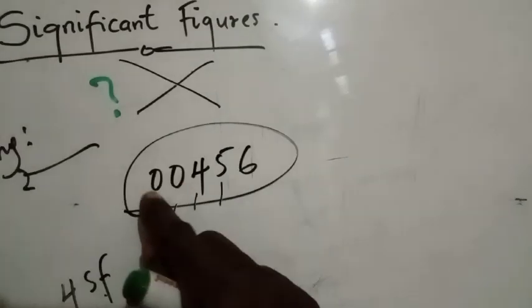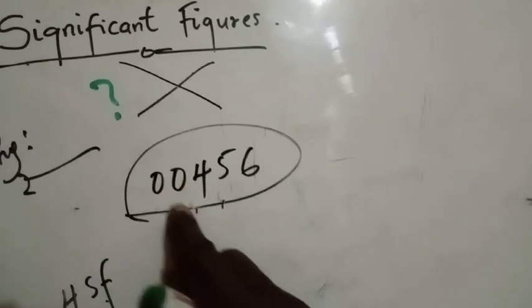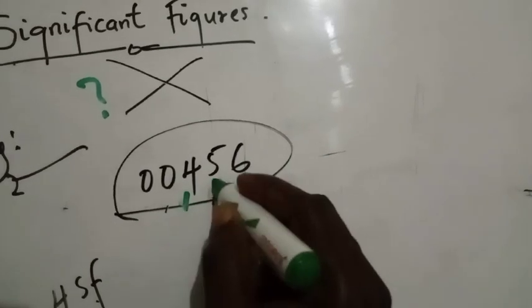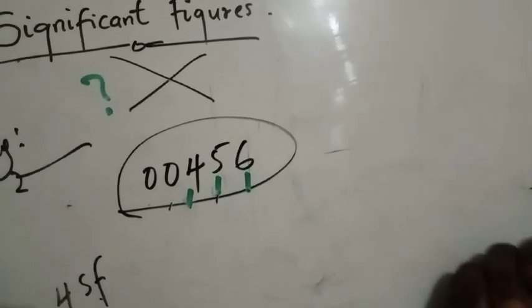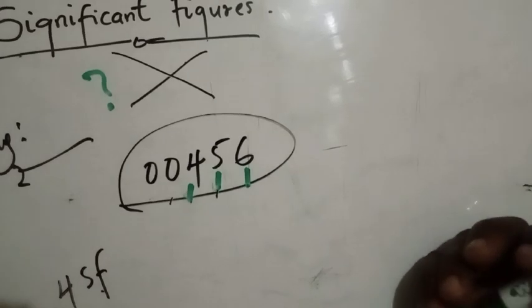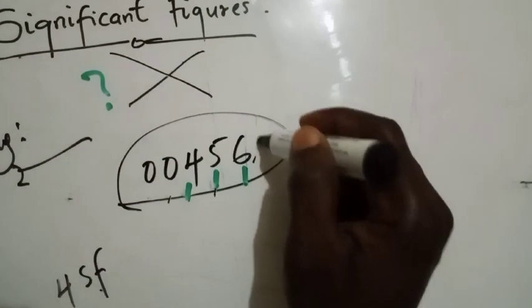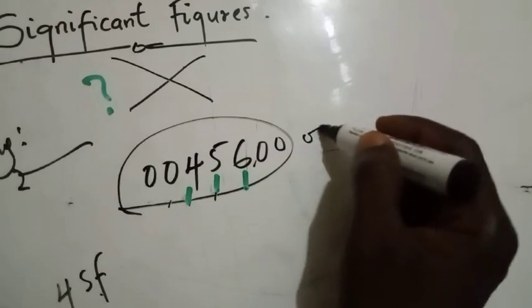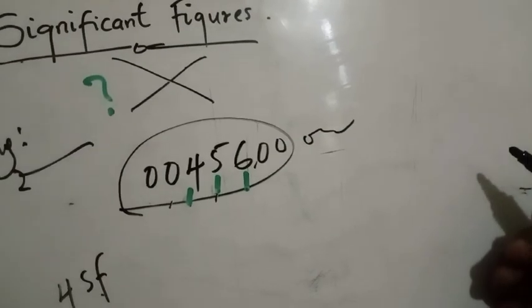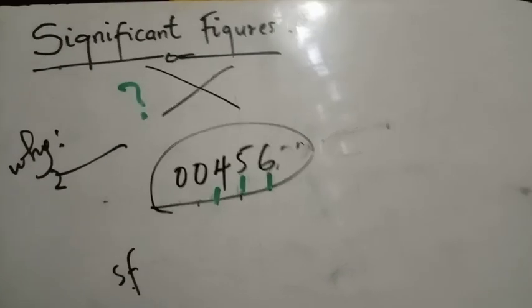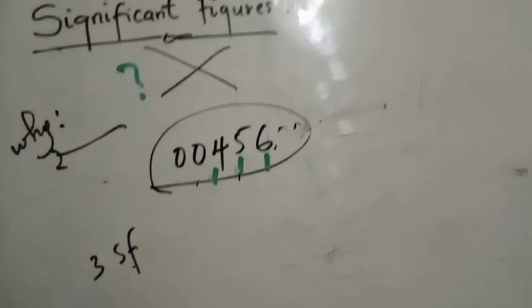So the first significant figure here is going to be this one. So this should be 1, 2, and then 3. Where is the fourth one coming from? No, there's no fourth one here. So the fourth one here, we assume, should be 0, 0, 0, 0, and so on and so forth, right? So the correct way of solving this problem is that we can reduce this to 3.